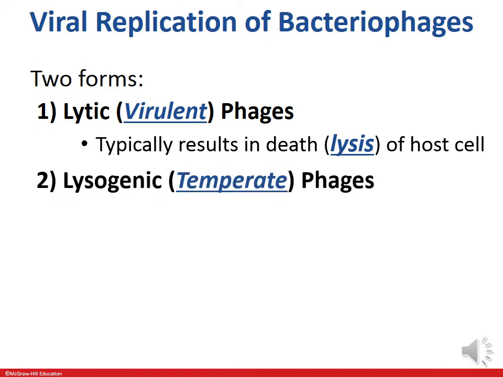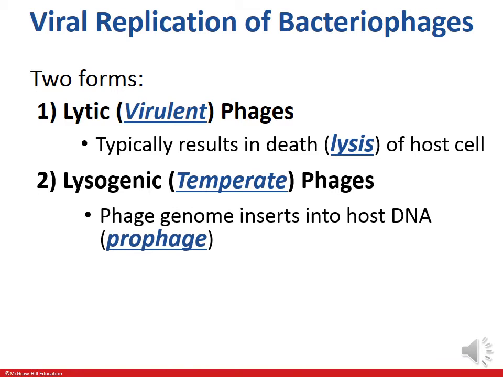The other family are called lysogenic phages, and these guys sometimes also get the nickname temperate phages. So I always look at the root word there, temper, as in tempered glass, right? So you think about your vehicle, your windshield, and all the glass in your vehicle is what we call tempered, which means when it shatters, it doesn't break into very sharp pieces. It breaks into less dangerous, sort of blunt-edged pieces.